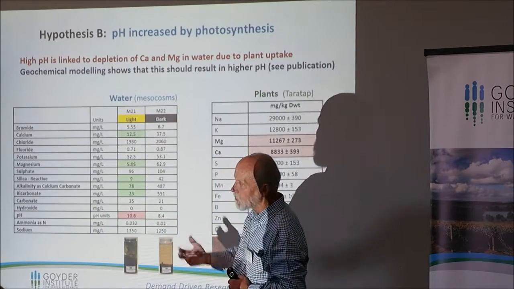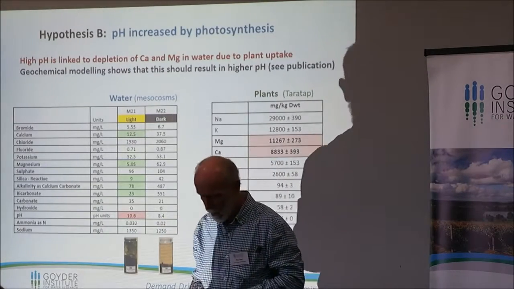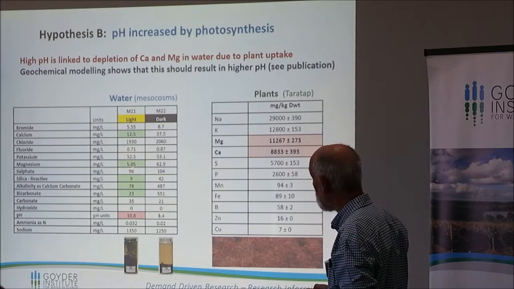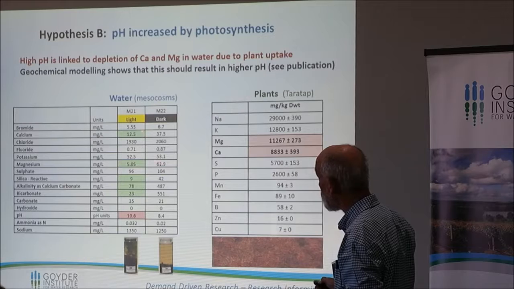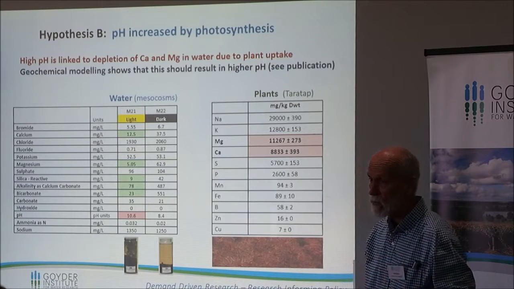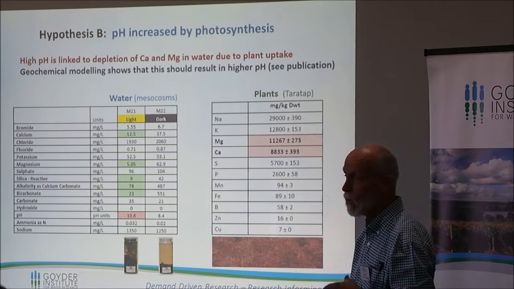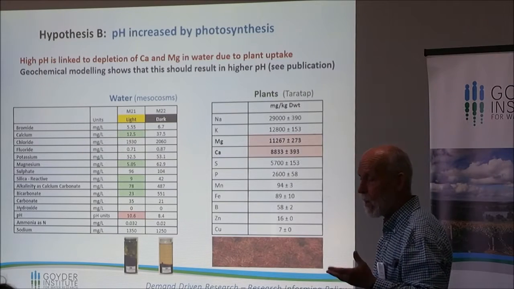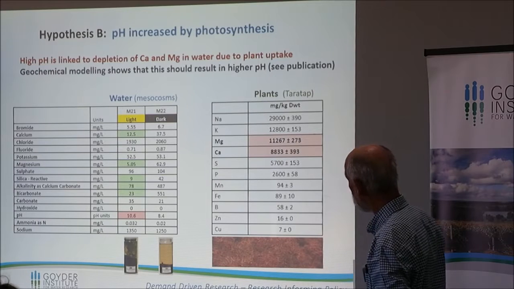If you do an analysis of these plants, what it shows is that, especially for calcium and magnesium, there is a massive reduction in the concentration of these two key elements within the water column. And of course, calcium carbonate and magnesium carbonate are important to the geochemistry of that system.